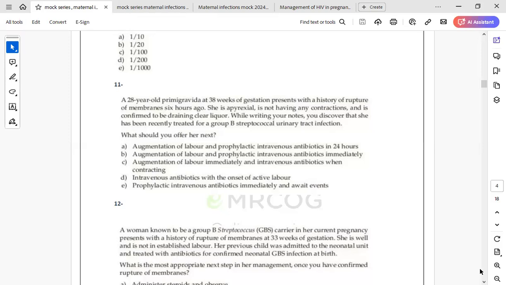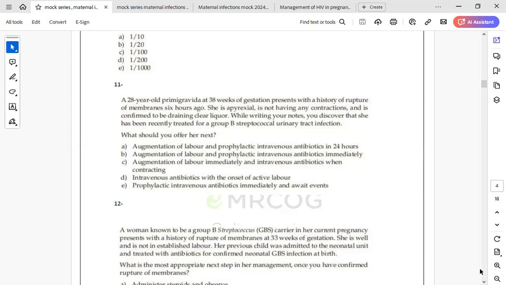So, in short, if I was in the exam, I would write down term prom plus GBS, and the patient is not septic. Term prom plus GBS equals excellent. Immediate induction.